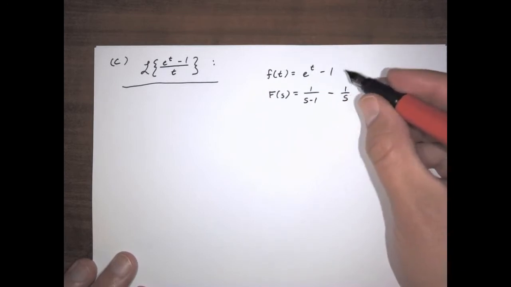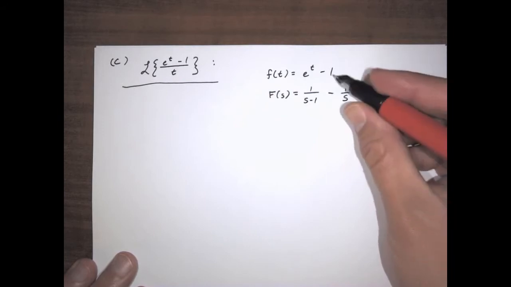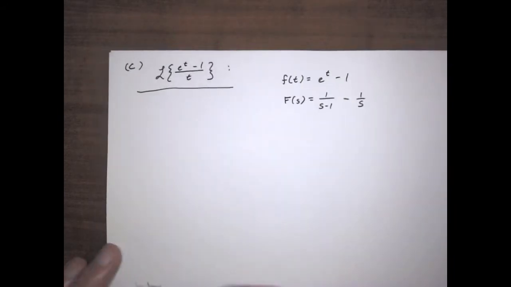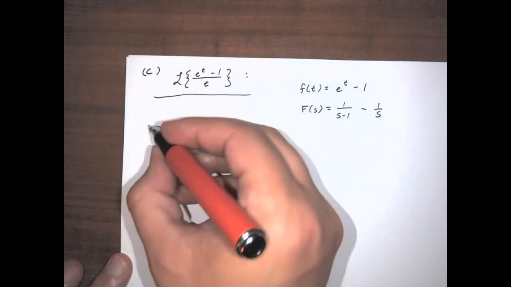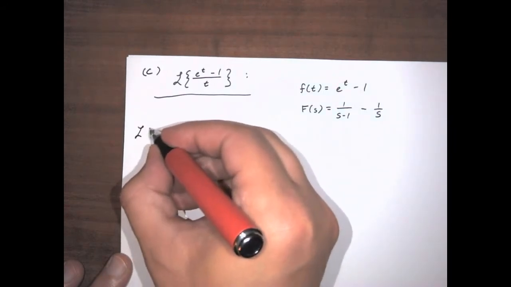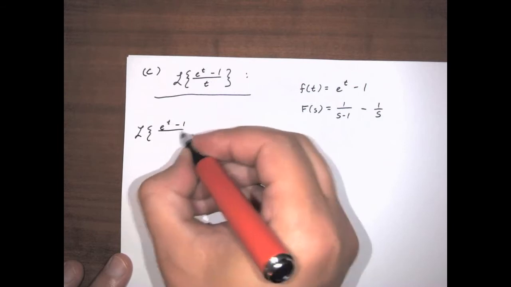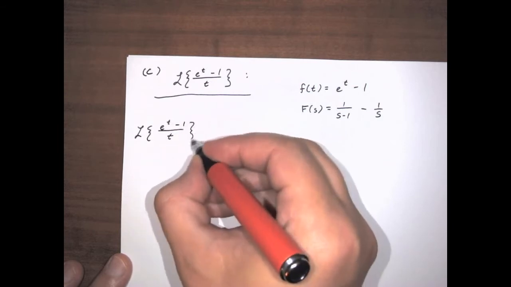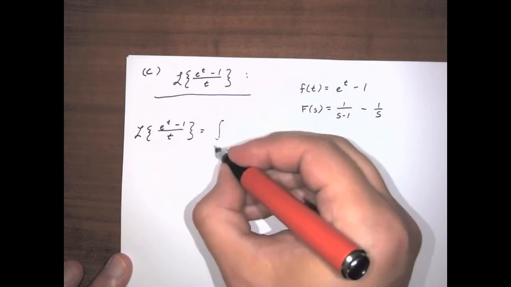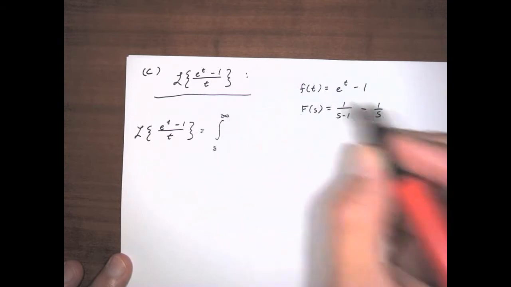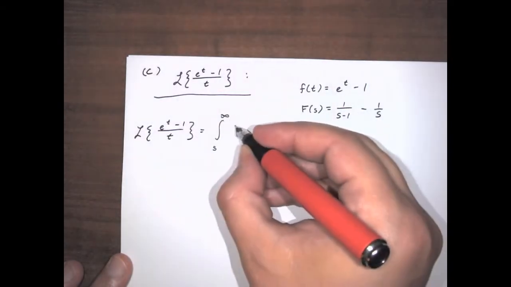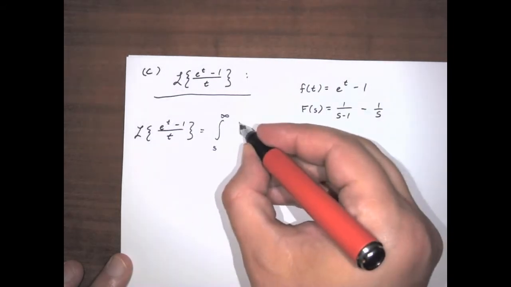The Laplace transform of a constant is 1 over s times whatever the constant is. So then we are interested in the Laplace transform of e to the t minus 1 divided by t, which equals the integral from s to infinity of this, but with sigmas in place of s's.